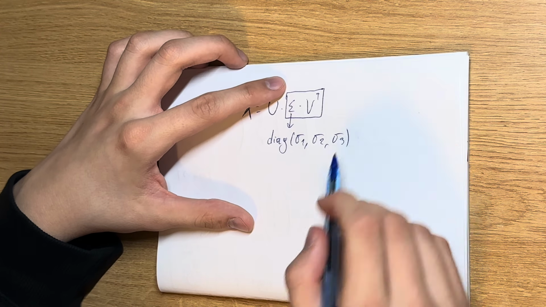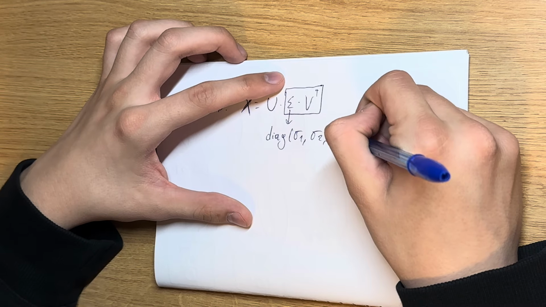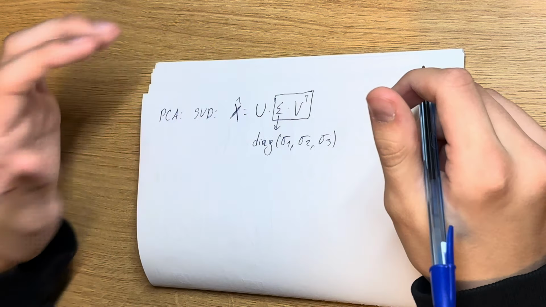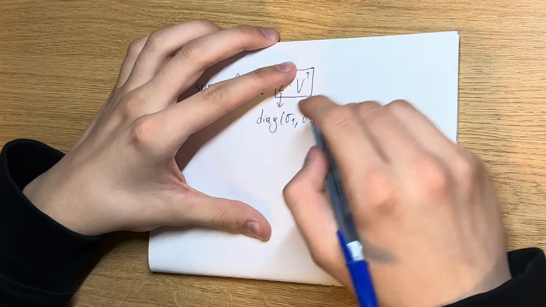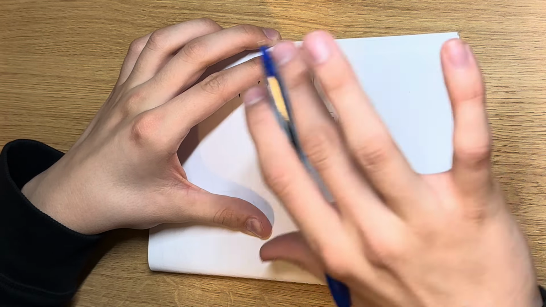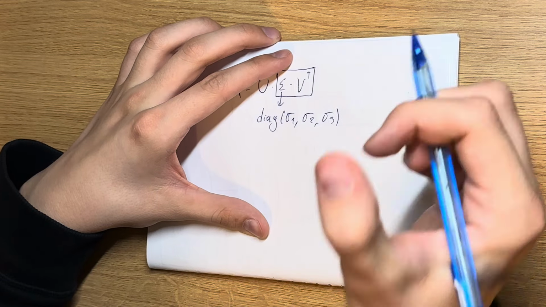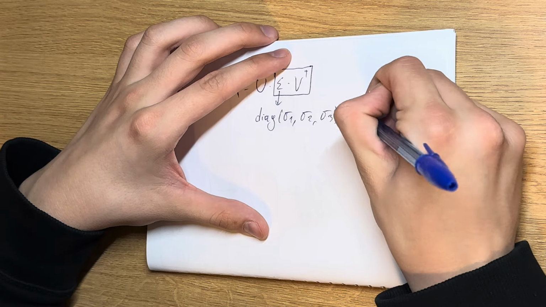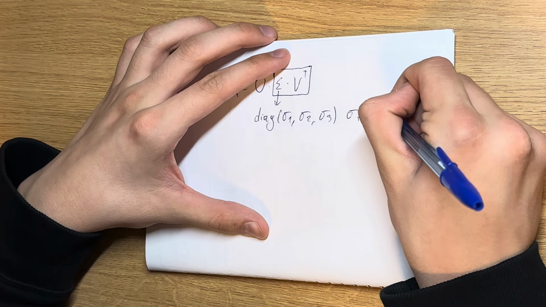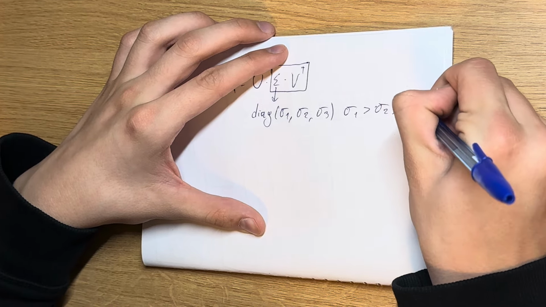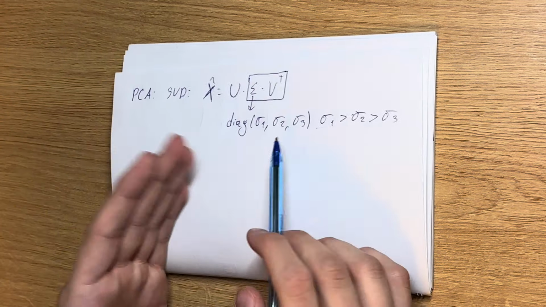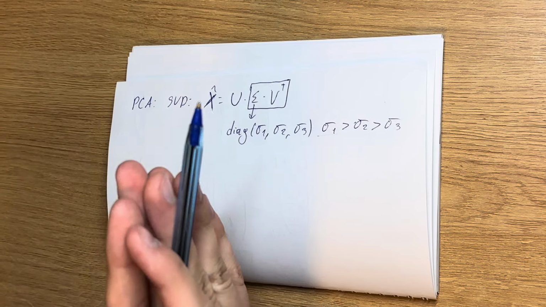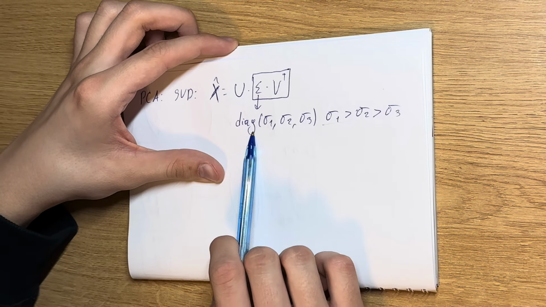Those sigmas say how significant each feature is for us, and they are ordered so that sigma 1 is bigger than sigma 2, and sigma 2 is bigger than sigma 3. So the most significant is on the left, according to the diagram.